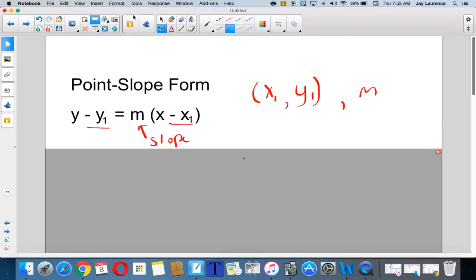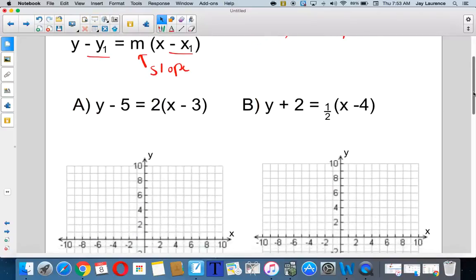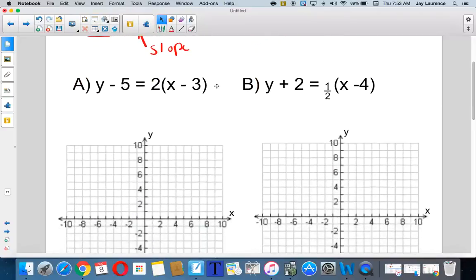So let's try that. Let's see how this works here. We'll do some together, and then you can do some on your own. Okay. So I'm going to do A for you. And the first thing I'm going to do is identify the point. Well, my x coordinate is going to be 3, because I had to change the sign, right? And the y coordinate is going to be 5, because I had to change the sign.